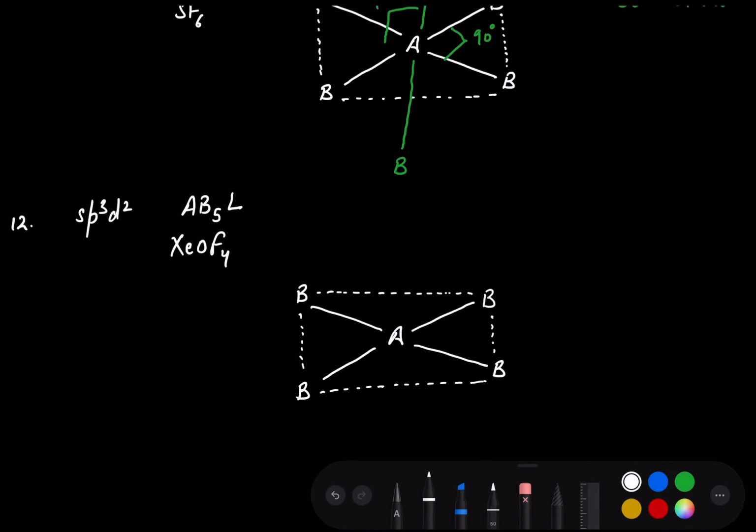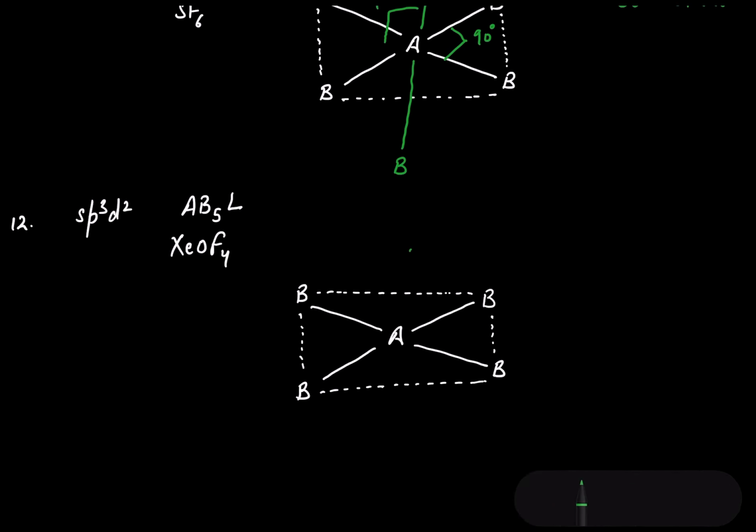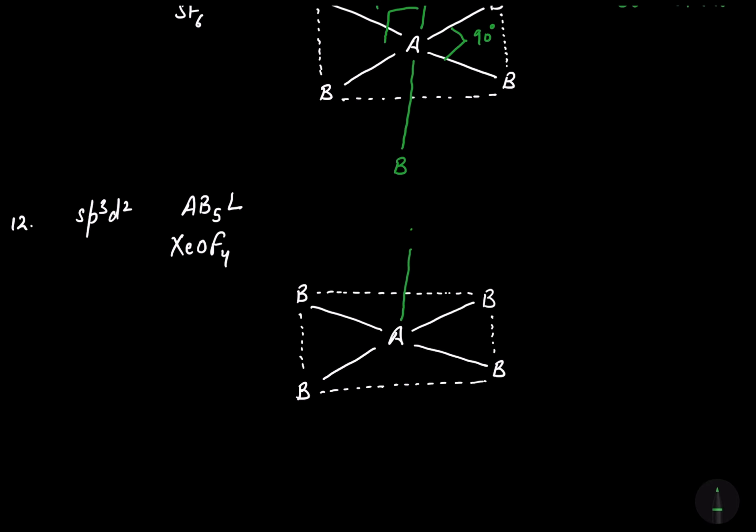Now the fifth B is present over here, and a lone pair is holding the axial position in case of sp3d2 hybridization. So we have to just ignore the lone pair while naming the geometry. So this will be square pyramidal.